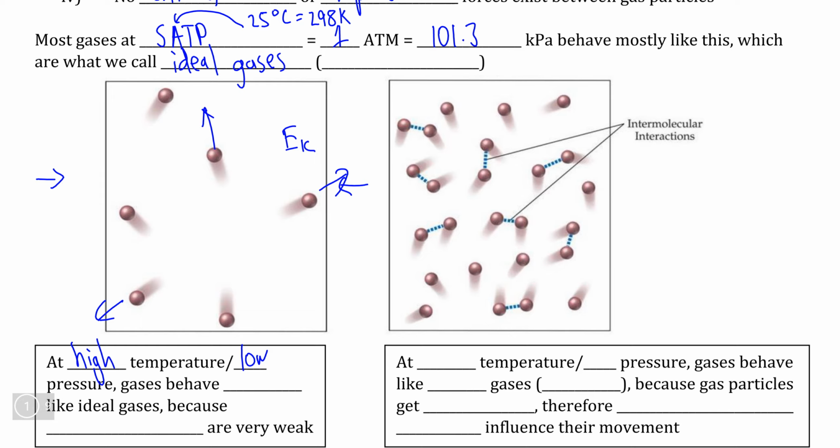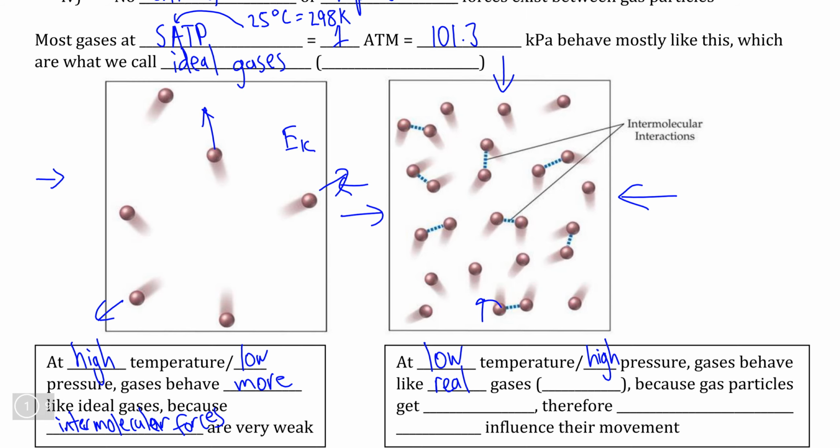So at high temperature and low pressure conditions, gases behave more like ideal gases, i.e. gases with these four assumptions, because the intermolecular forces are very weak since the gas particles are very, very far away from each other. However, if we decrease the temperature, which means that gas particles are moving very slowly, and if we increase the pressure to force gas molecules to come close together, the gases will behave like what we call real gases.